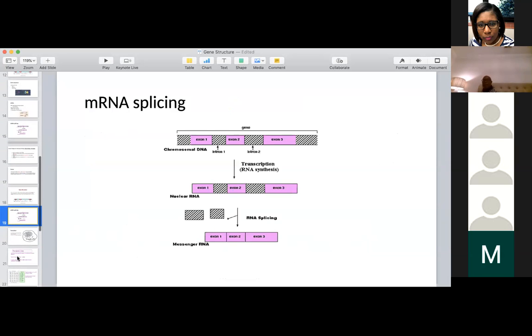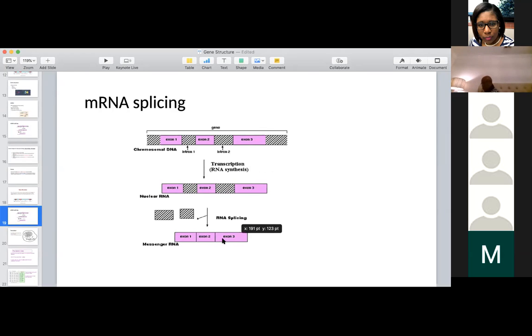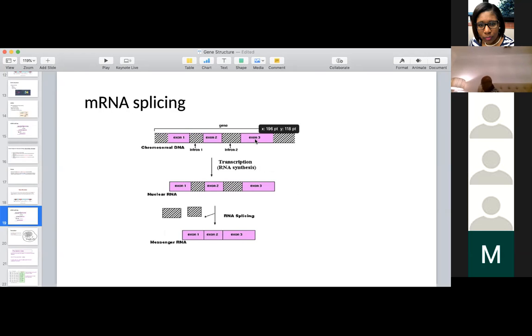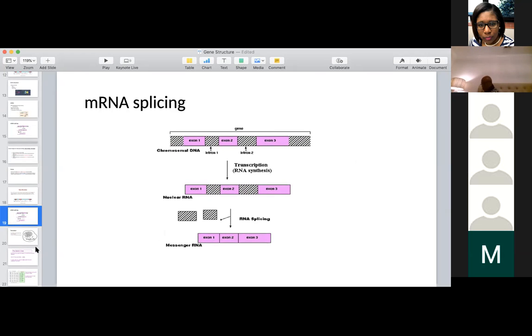This is showing our RNA splicing again, how we have two different parts of the gene. We have our non-coding regions, which are introns, and we have our coding regions, the exons. And then this RNA transcript has to be modified through mRNA splicing in order to remove these non-coding regions, so that we can have a linear continuous sequence of exons that will be used for translation through the genetic code.